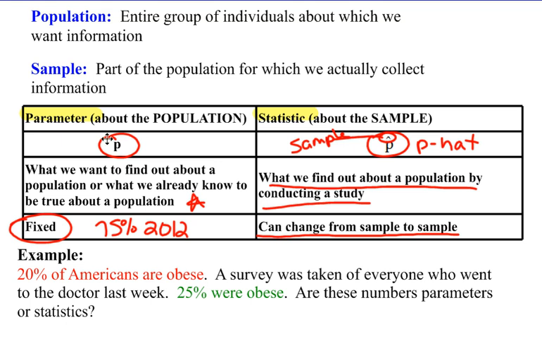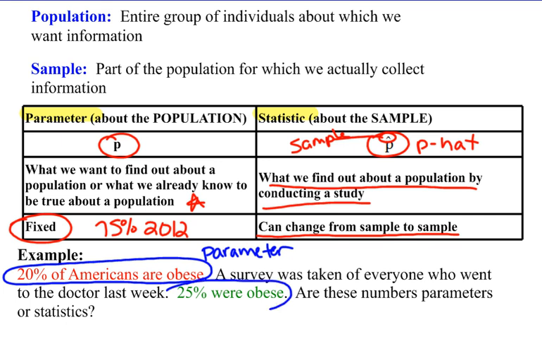My parameter is the 20% of Americans are obese. I'm told that. In just the people who went to the doctor last week, 25% were obese. This is my statistic, because it's just out of the people that went to the doctor last week. That's how we would define those.